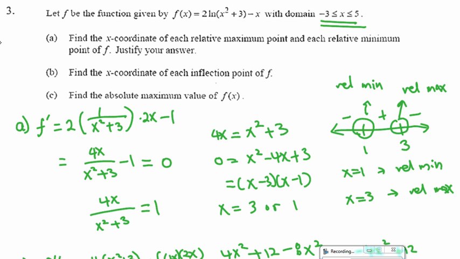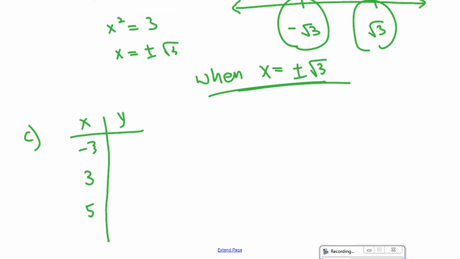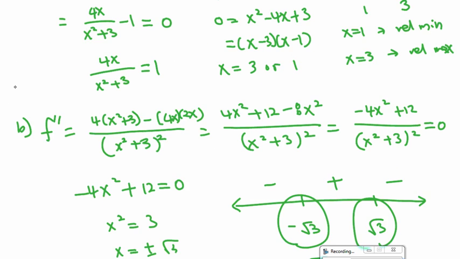Now, once you plug in those values, what we end up getting is this: 2 times ln of (negative 3) squared plus 3, minus negative 3. I believe that is the expression.